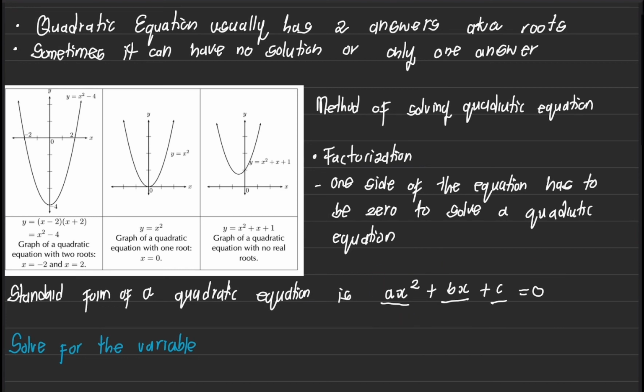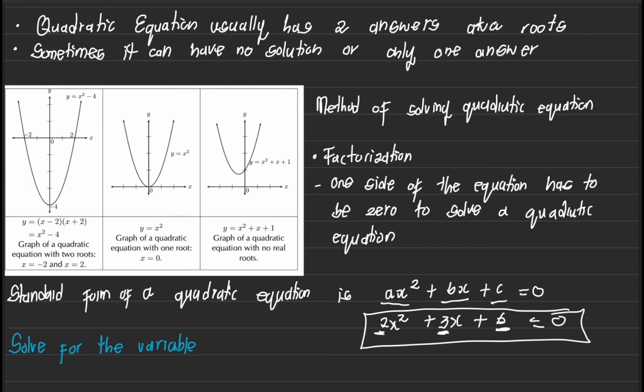For example, if you write it in terms of numbers, you can have 2x² + 3x + 6 = 0. So this 2 is your a, this 3 is your b, and this 6 is your c. This is the standard form of a quadratic equation.